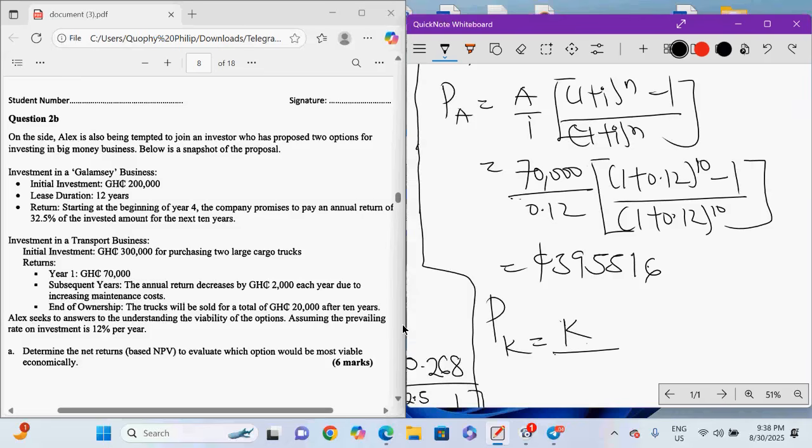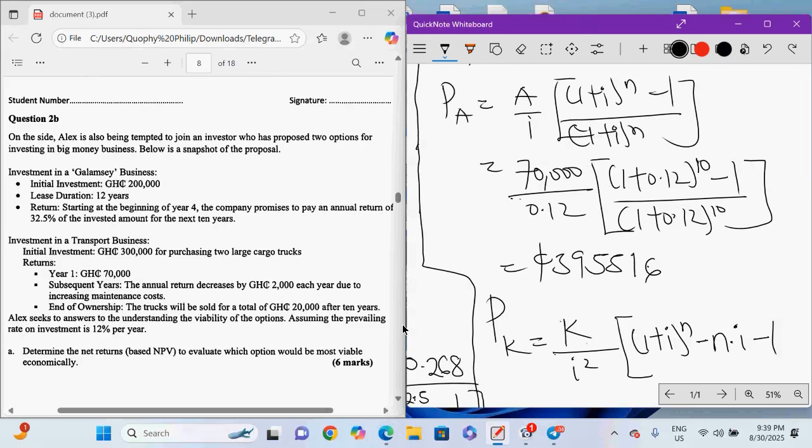Is it K, the constant increment, then the interest rate squared, right? The interest rate, we have, is it 1 plus I and the interest rate minus 1, right?